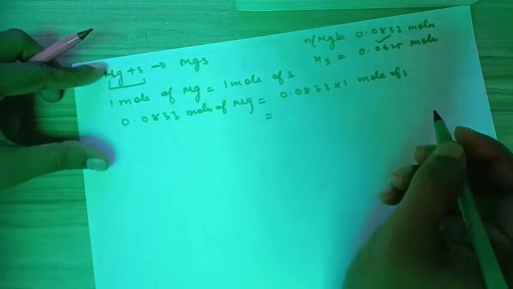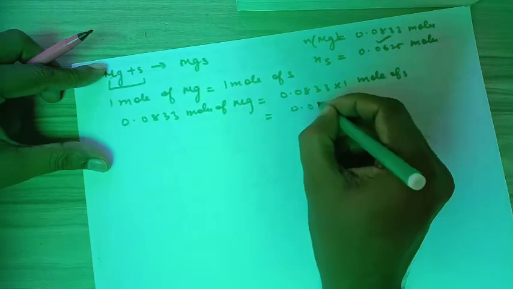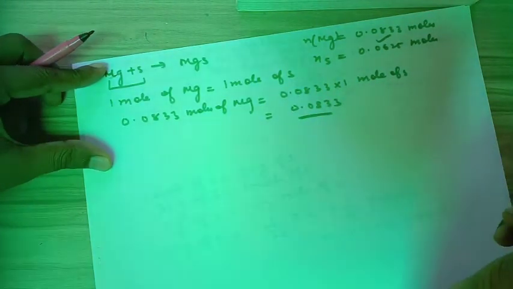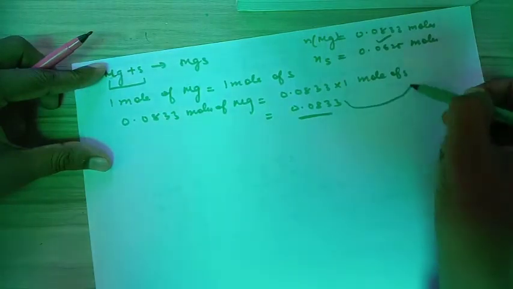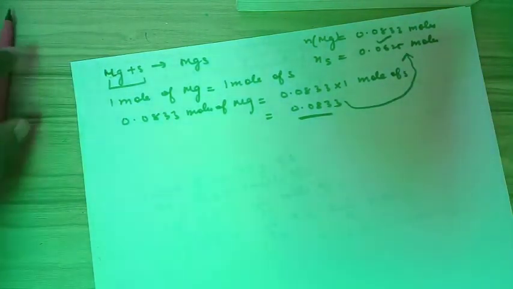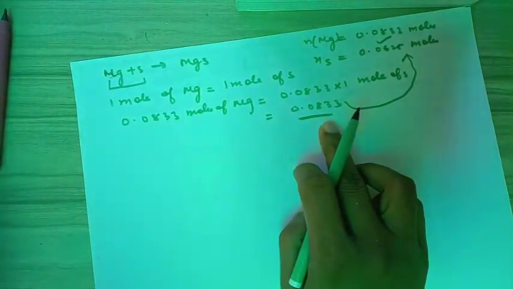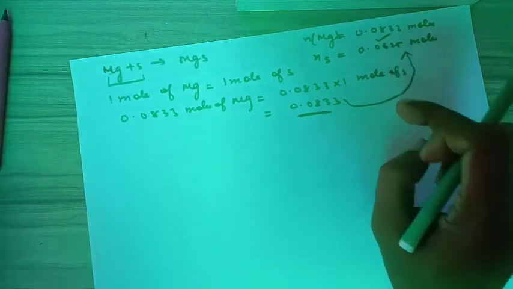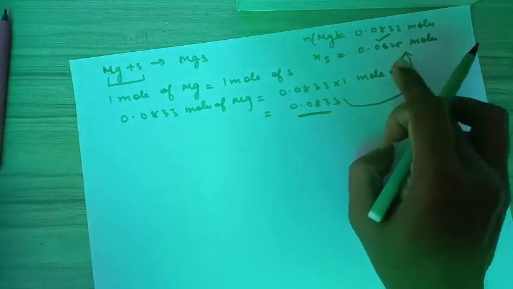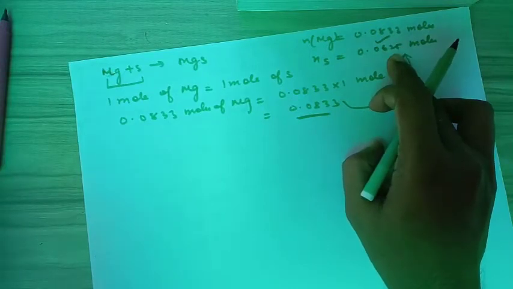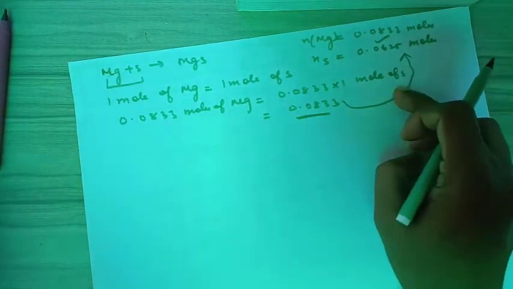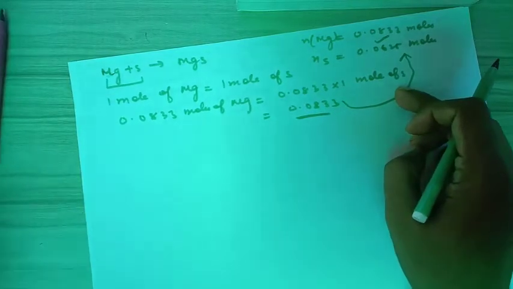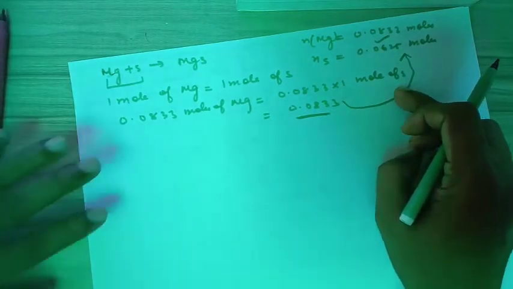So moles of sulfur required is 0.0833. Now compare it with moles of sulfur available over here. Now we see here that 0.0833 is greater than 0.0625. That requirement is greater than availability. So here sulfur is our limiting reagent.